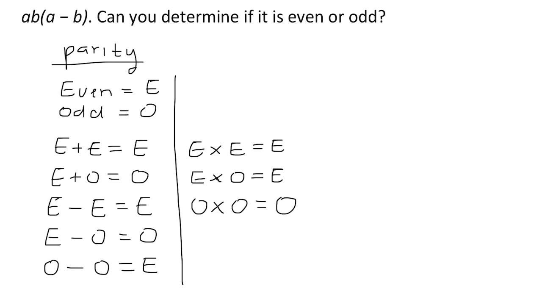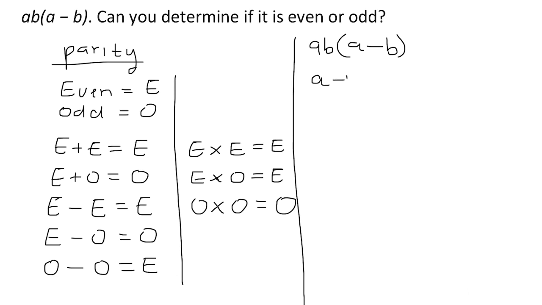Okay, now having all this information, let's look at what we have here. So ab(a minus b) will be even if a is even. So if a is even, this number will be even. If b is even, this number will be even.